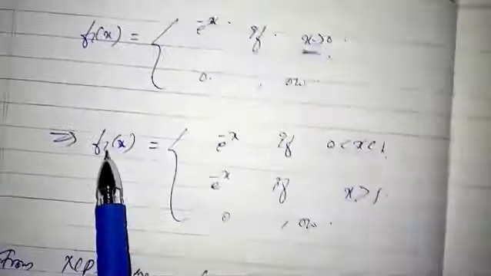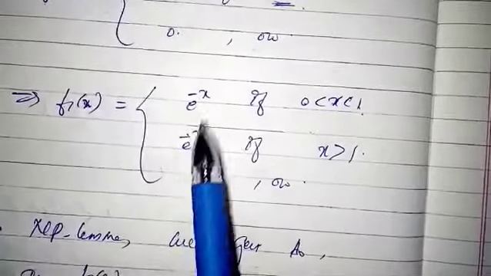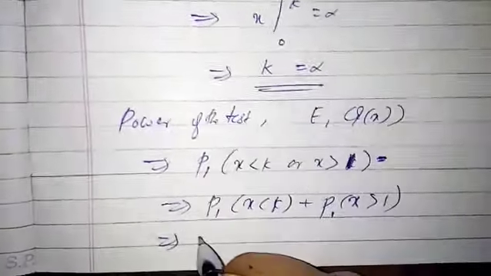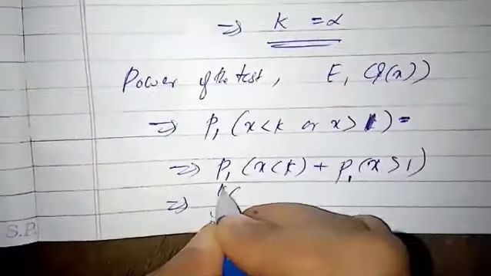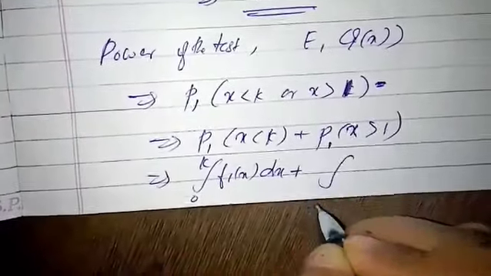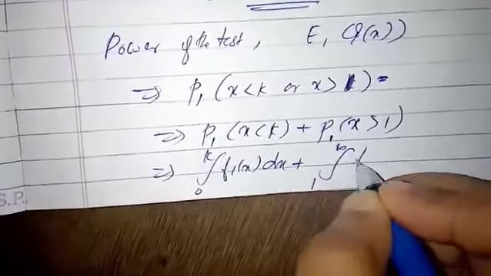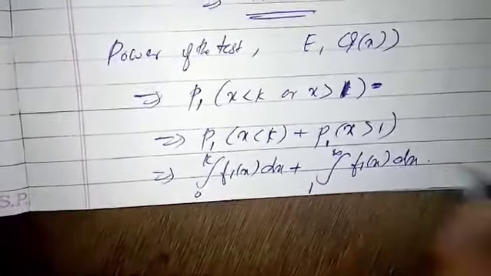Under H1, x is greater than k with density e power minus x. So it is the integral from 0 to k of f1 of x dx plus the integral from 1 to infinity of f1 of x dx.